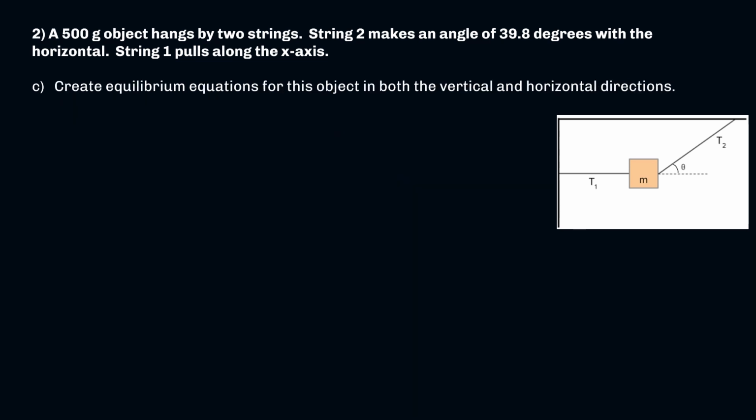So part C, create equilibrium equations for this object in both the vertical and horizontal directions. Again, this is being very similar, just to kind of get used to it. See, I'm going a little bit quicker with this to not completely bore you. So for this again, I'm just going to write out my free body diagram, or my diagram with the components.